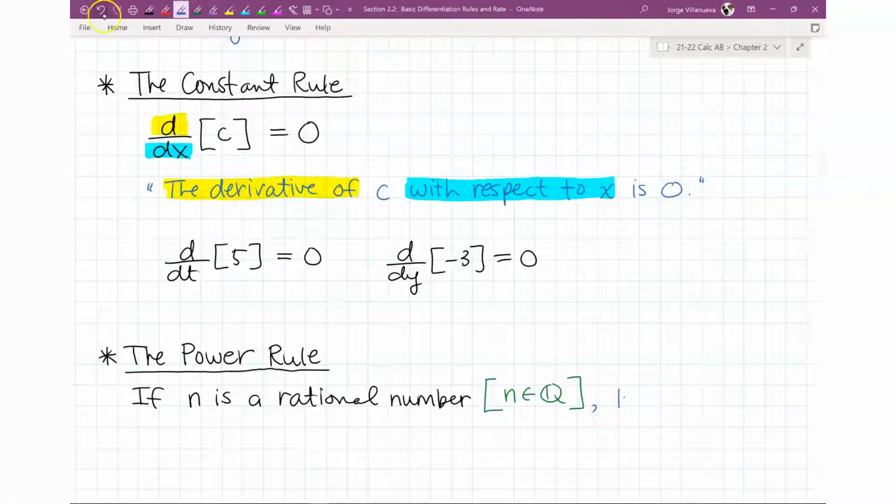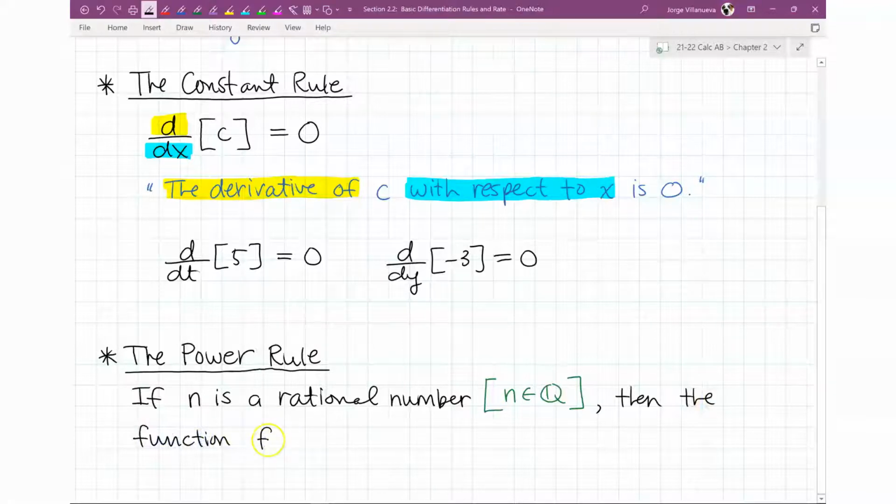Then the function f of x equal to x to the n is differentiable.